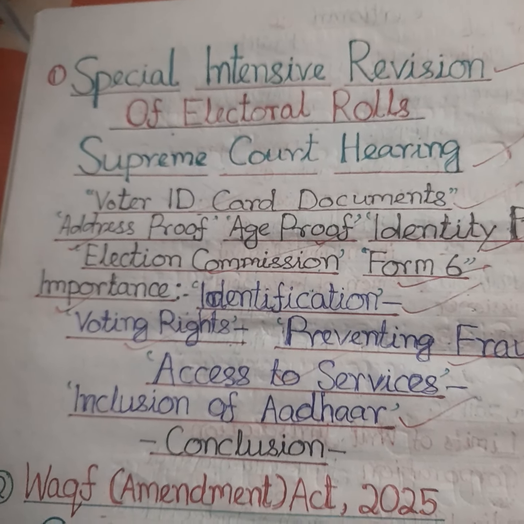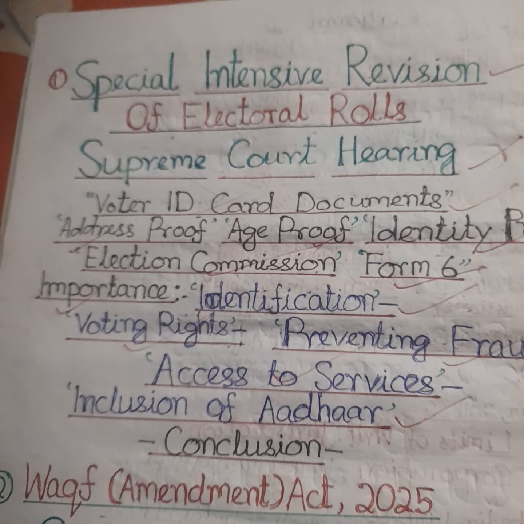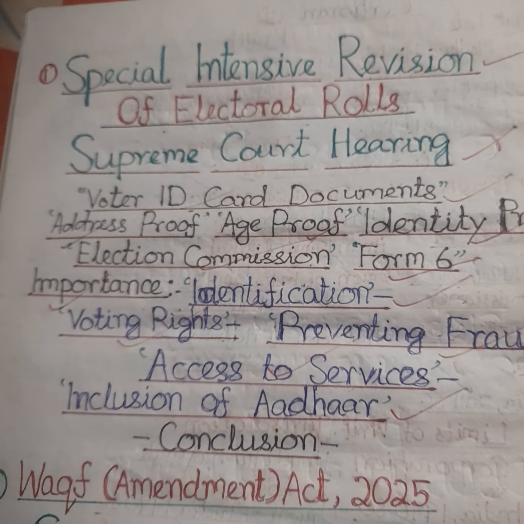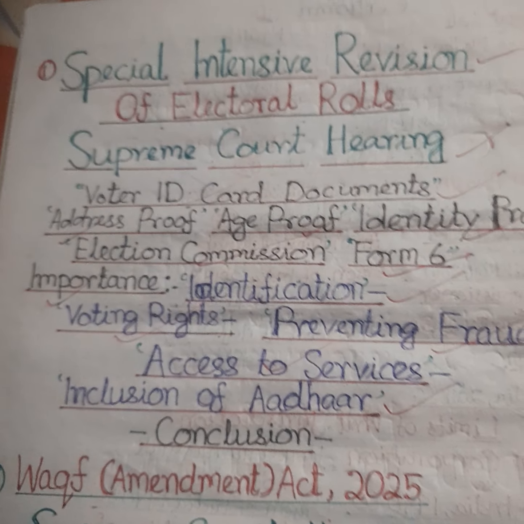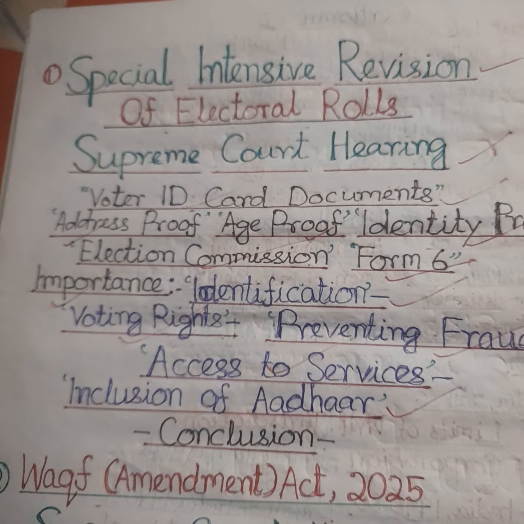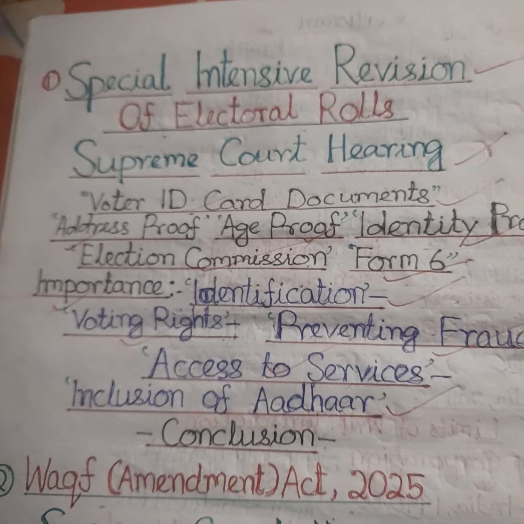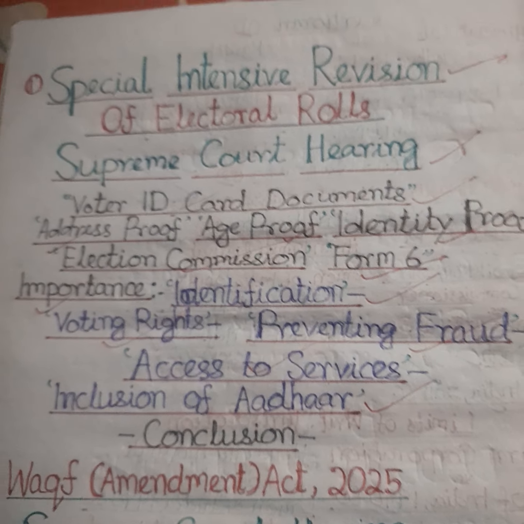Justice Suryakant and Justice Joymalya Bagchi said the Aadhaar card is not alien to the Representation of the People Act, 1951, as one of its provisions provides for Aadhaar as identity proof.